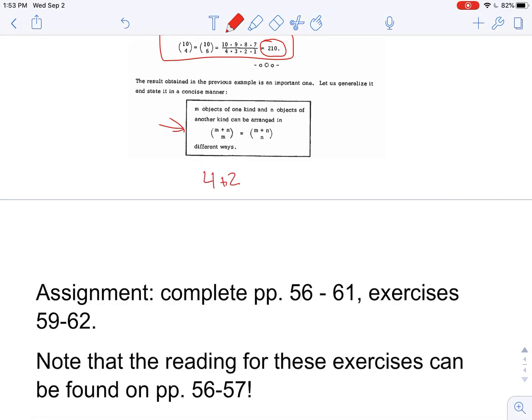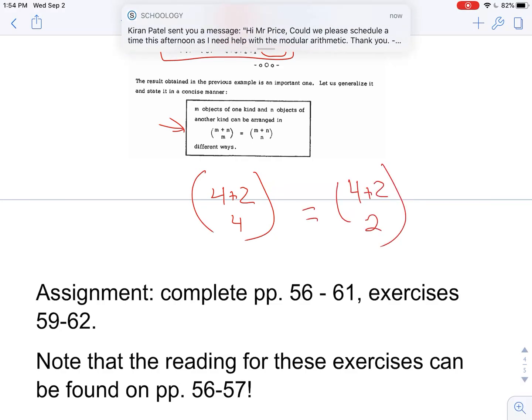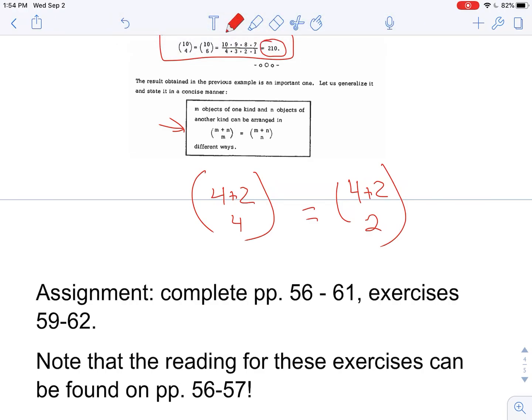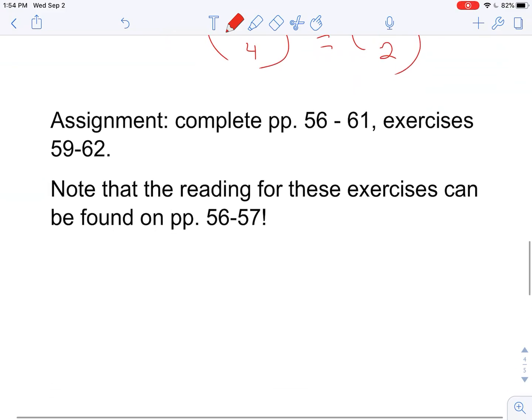So if I did that down here, 4 plus 2 choosing 4, let's try it again. 4 plus 2 choosing 4 would be equal to 4 plus 2 choosing 2, which of course, as you know, is quite easy to figure out mathematically, right? 6 choosing 4 is equal to 6 choosing 2.